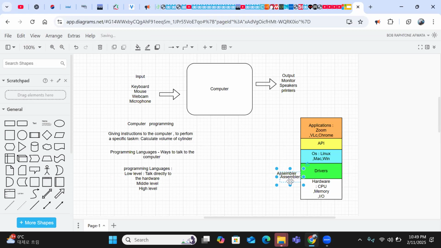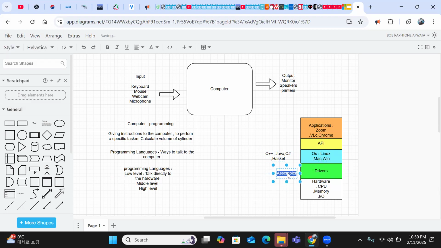Then there are middle level languages, or others want to call them differently. So we have C++, Java, C#, Haskell. There are so many which are middle level languages. They can't talk directly to the hardware.